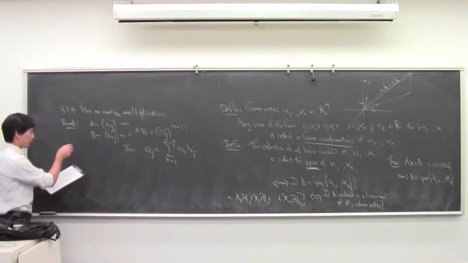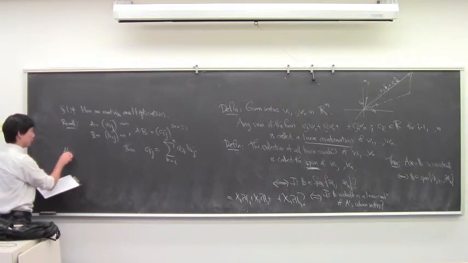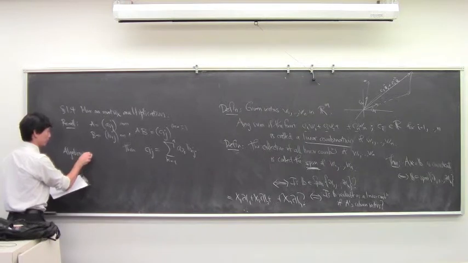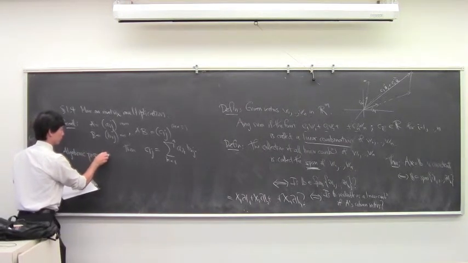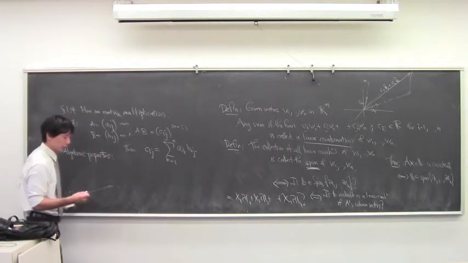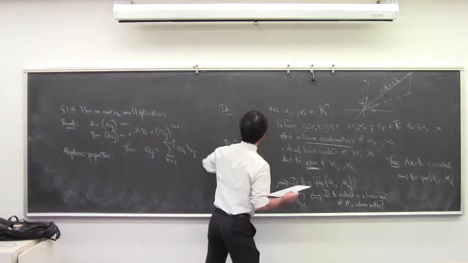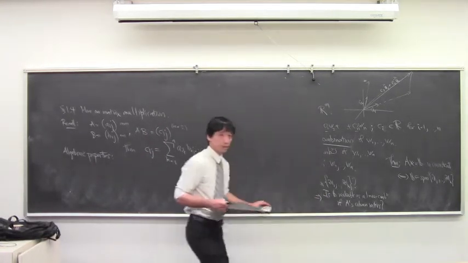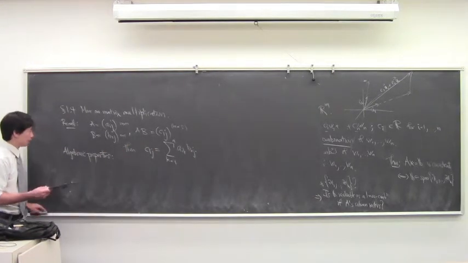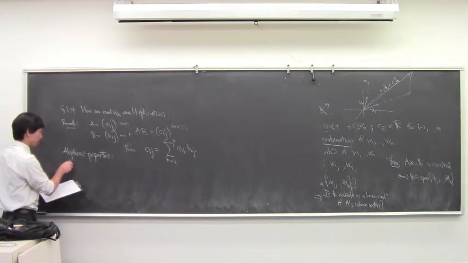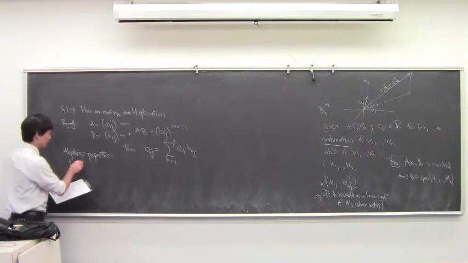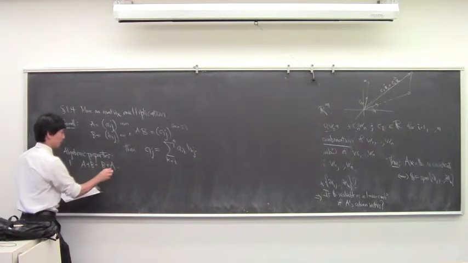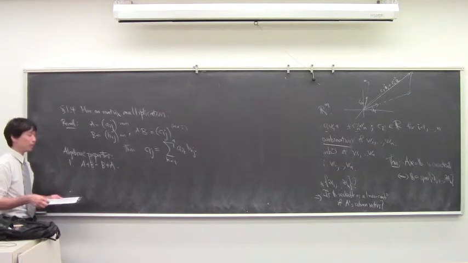So, algebraic properties. They are, again, what you might expect. A plus B is B plus A. This addition is commutative.